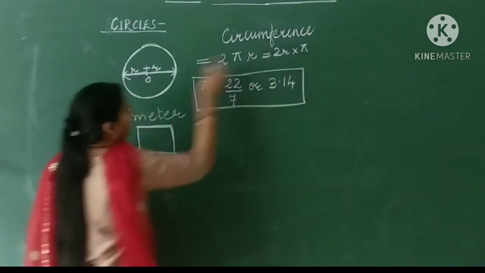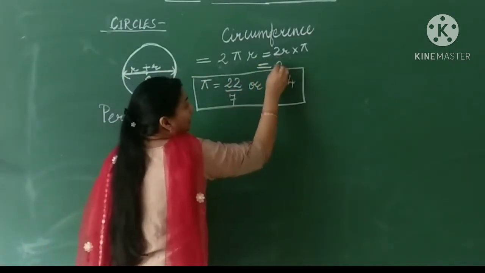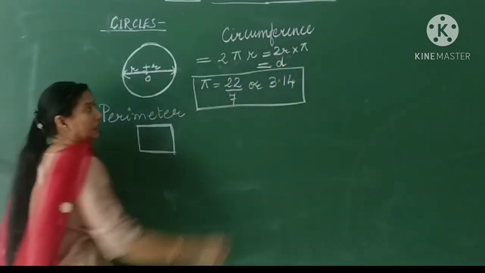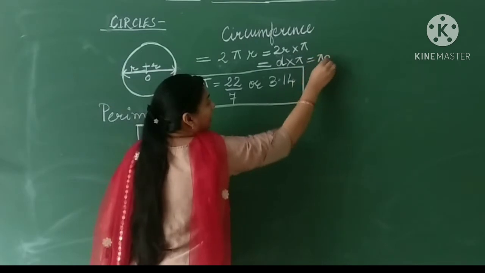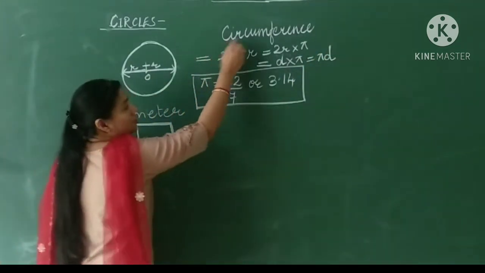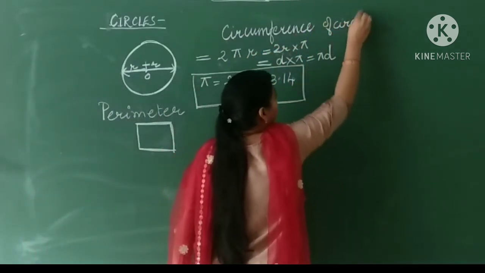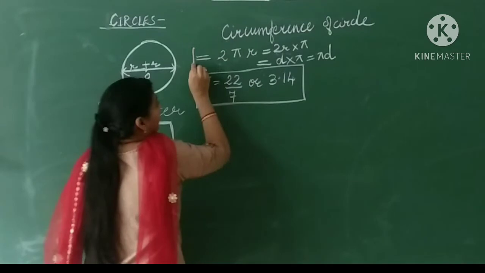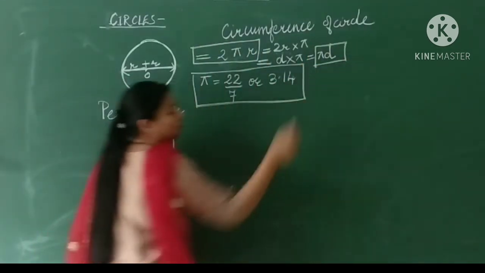Now, what is 2r? 2r makes the diameter. So, instead of 2r, I can write diameter d multiplied by pi, or you can also write it as pi d. So, the basic formula of circumference of a circle is 2 pi r or pi d.